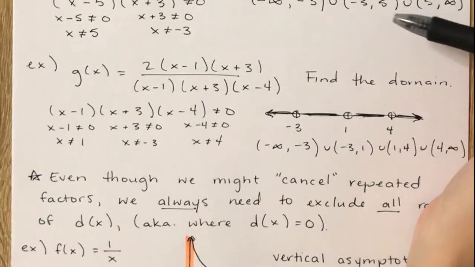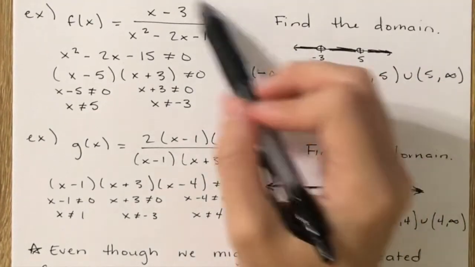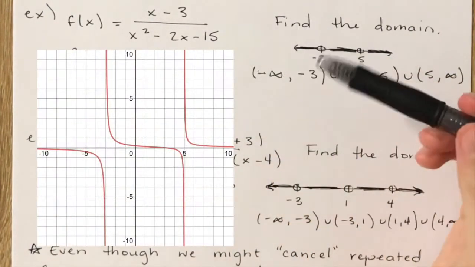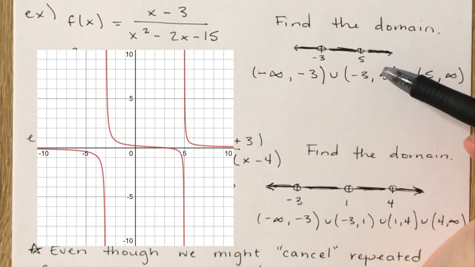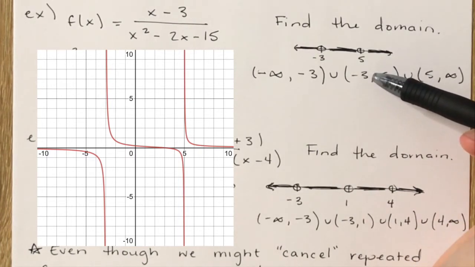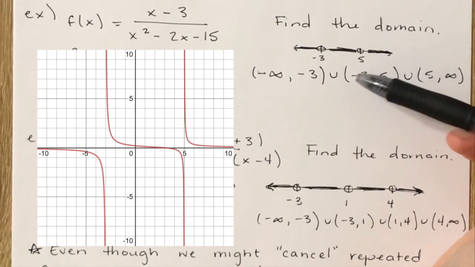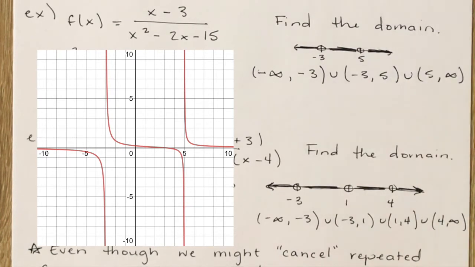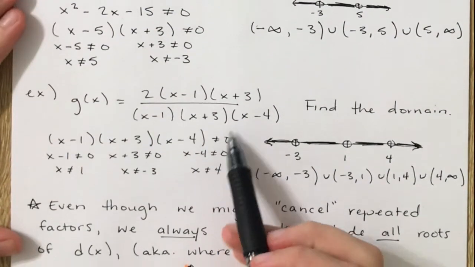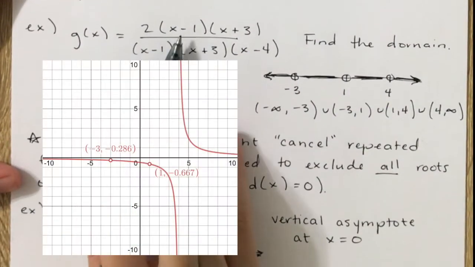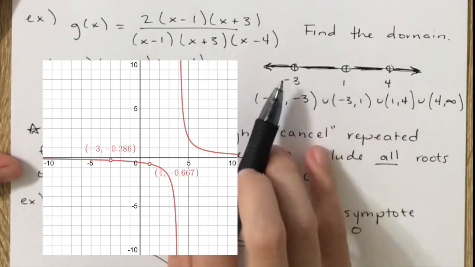So what's going on with one of these examples? Let's look at this first example really quickly. If I graph this in Desmos, I can see that that -3 and that 5 both correspond to vertical asymptotes, right? And those values are being excluded from our domain because there's no value of the function there. So when we have a factor underneath that is not also on top, it means we have a vertical asymptote. Now, if we look at this second example, it gets a little bit tricky when we're dealing with these roots, 1 and -3.